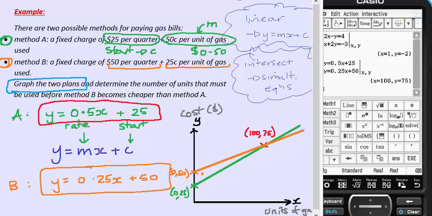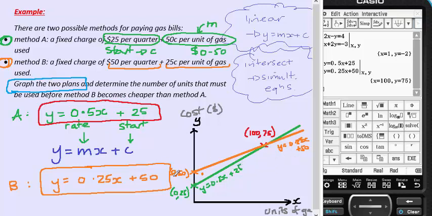And if I really want to make the examiner fall in love with me, I'll label my lines. So this one is y equals 0.25x plus 50. And the green one is y equals 0.5x plus 25. Bit hard to see, but that's how it goes.